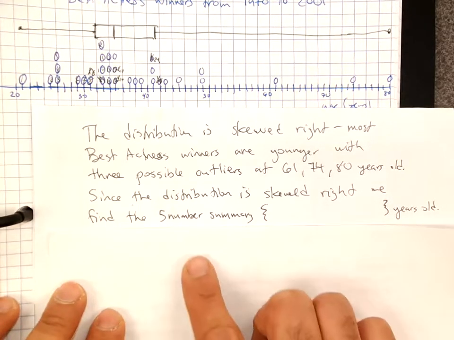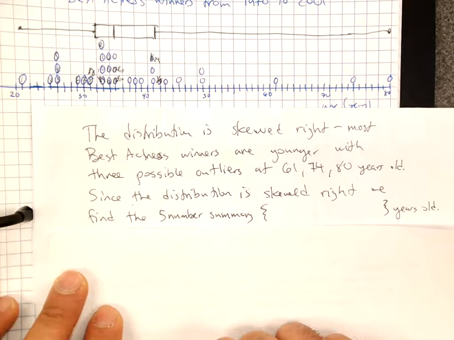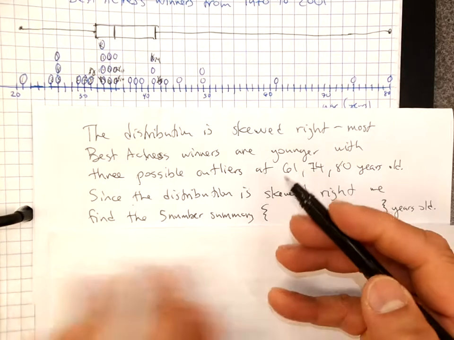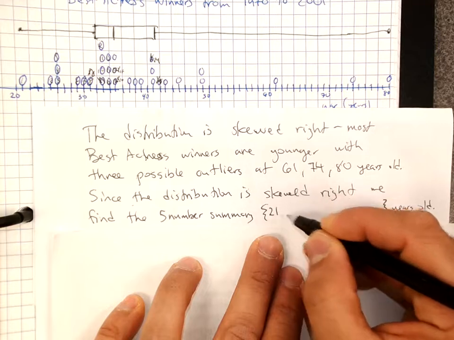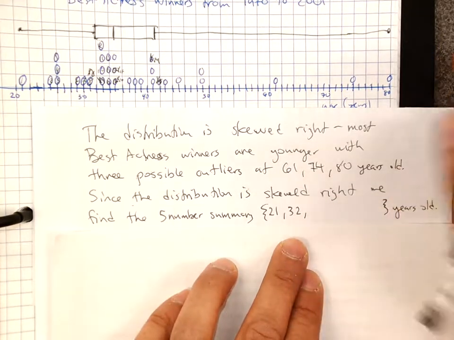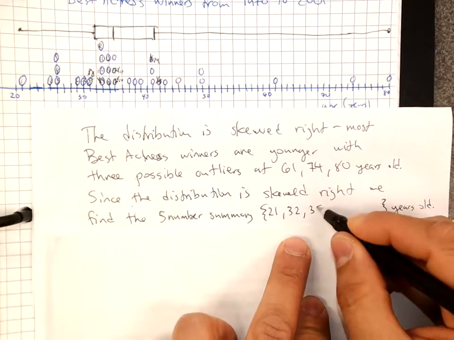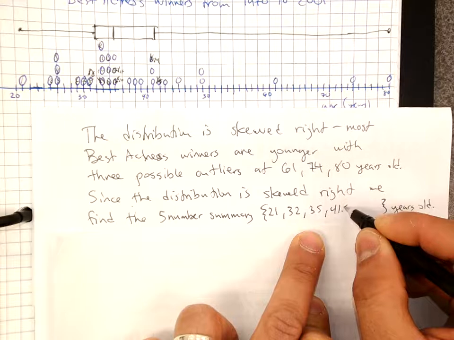So in other words, since the distribution is skewed right, we need to find the 5-number summary. So the 5-number summary we just found was 21, 32, I forgot already, 35, 41 and a half, and 80 years old.